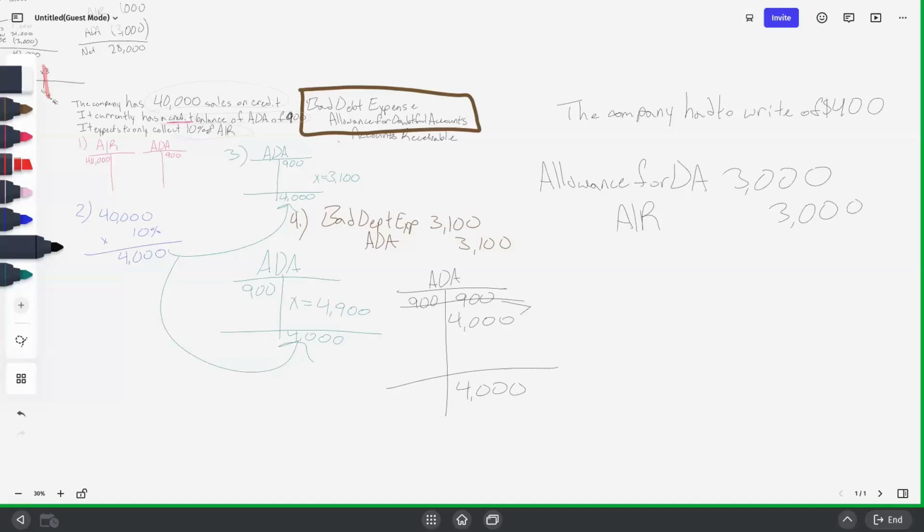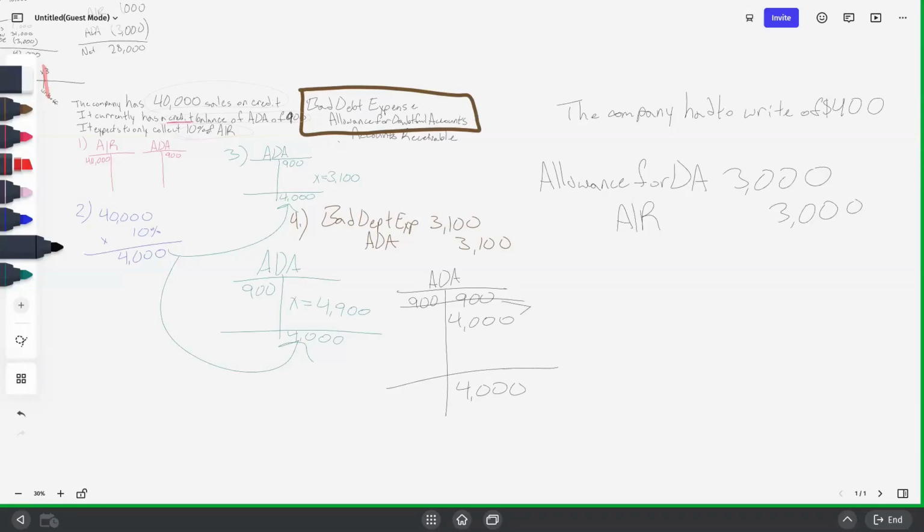It means basically, let's say we go again with last year. I expected to lose 4,000. Instead, I lost 4,900. So instead of that 4,000 going away completely, we have to account for it in the debit.